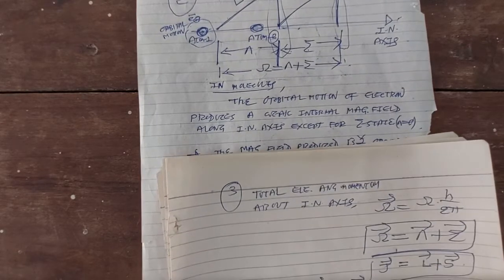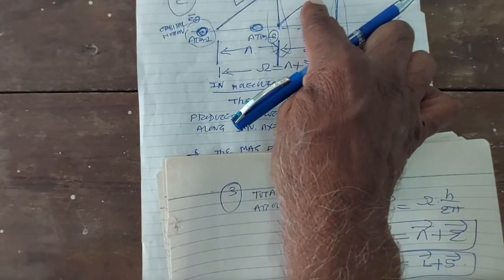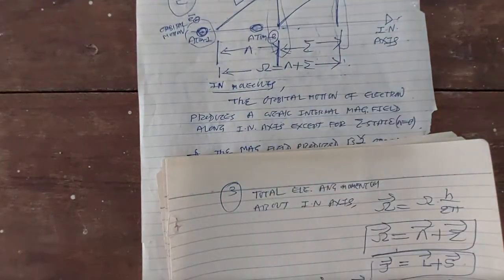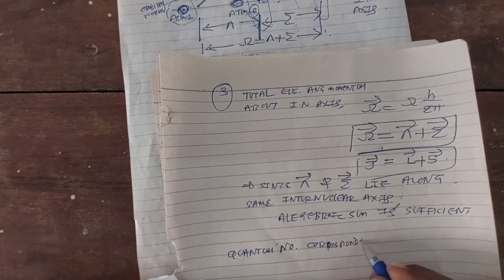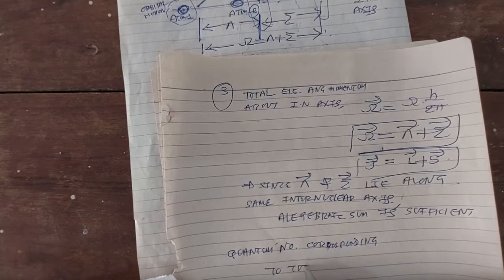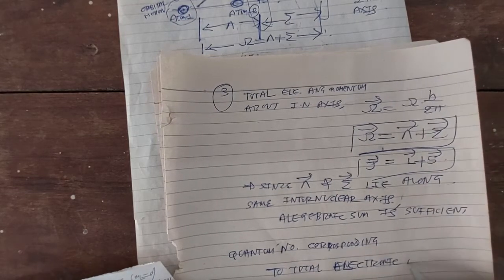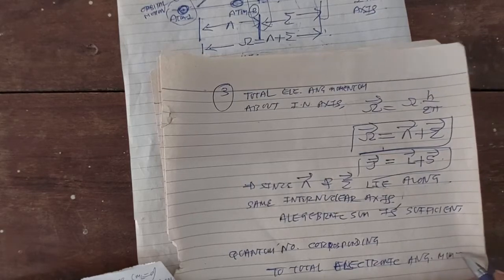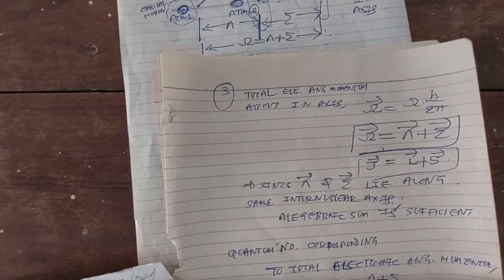Okay, and the quantum number corresponding to vector L is lambda. The quantum number corresponding to spin angular momentum vector S is sigma, and the quantum number corresponding to the total electronic angular momentum is nothing but omega, and that is the sum of lambda and sigma, right?